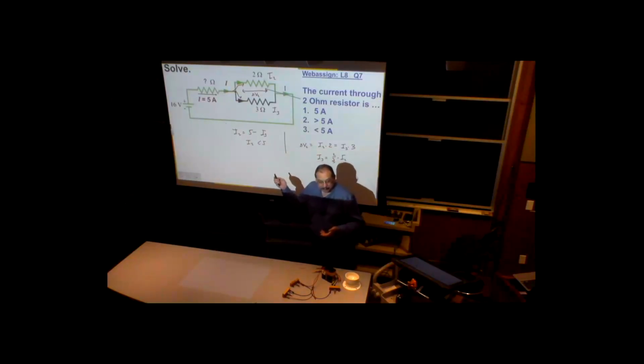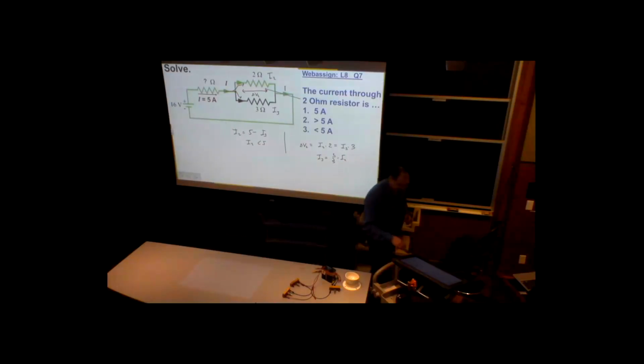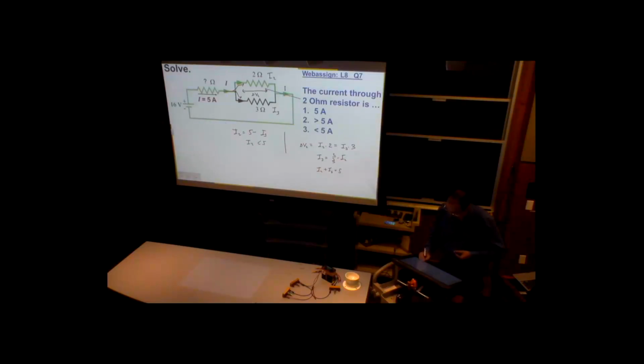So that's why this current should be higher than that current. But also we have a relationship which tells us that if we add 2 currents, we should get a number equal to what? So now, what 2 numbers? On one hand, if we add them up, equal to 5.